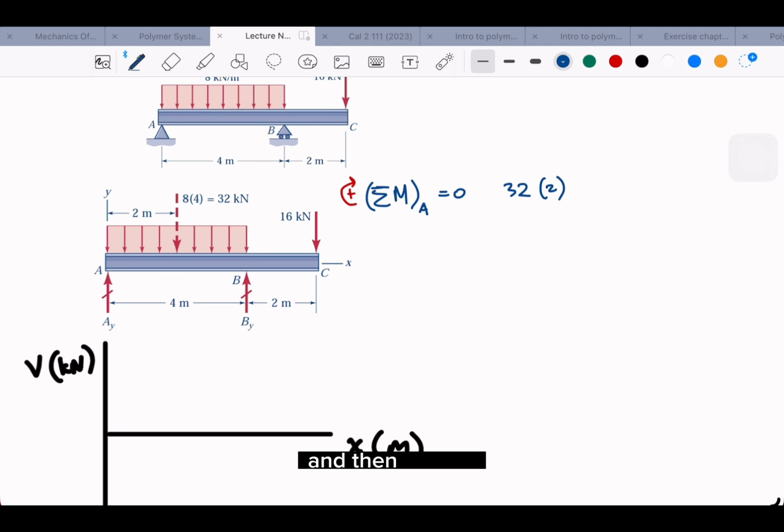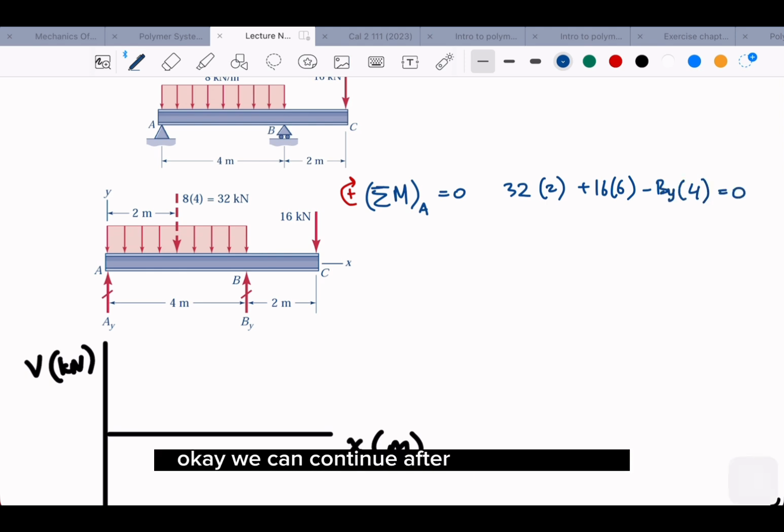And then 16 by 6. And then BY is minus by 4. Okay, we can continue after the break, okay?